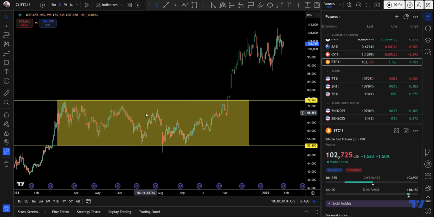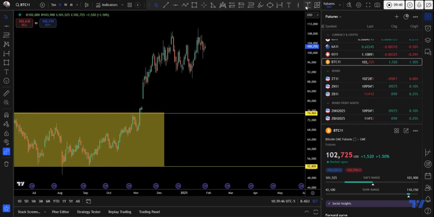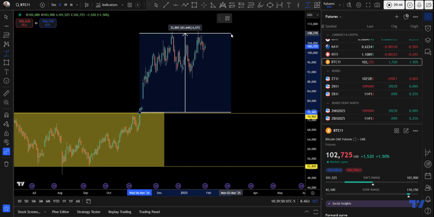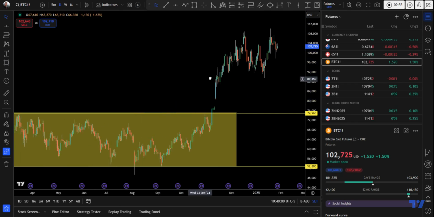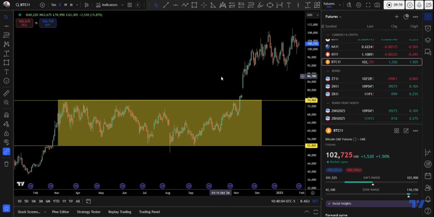But I think the big move is going to be when the breakout happens. And as you see, the breakout was pretty significant. The market moved, what is that, 40%? 75,000 to like 100,000 where it's at now, whatever.